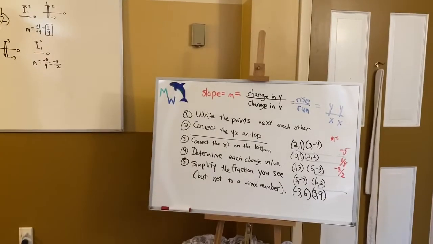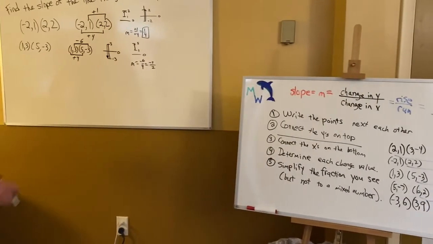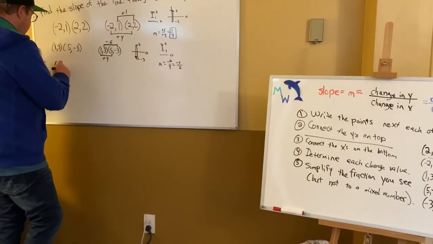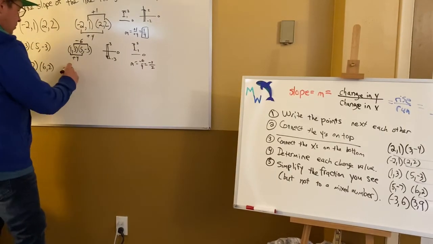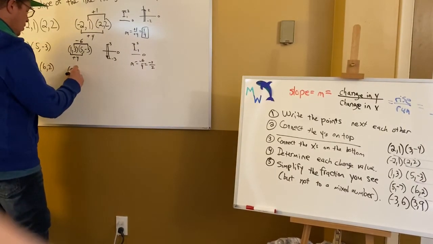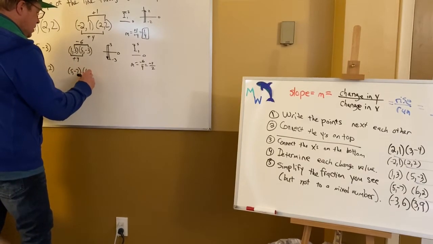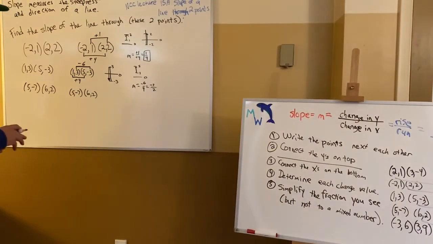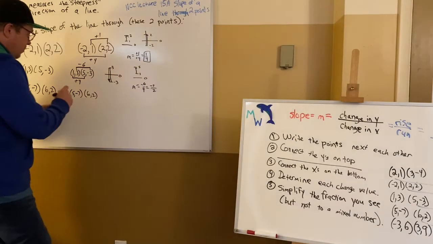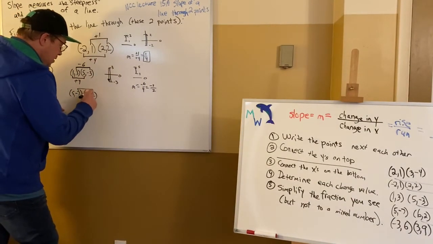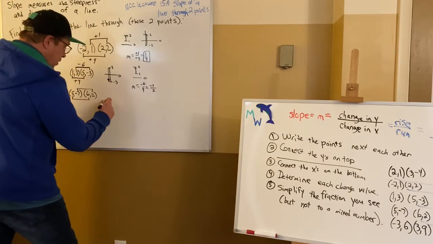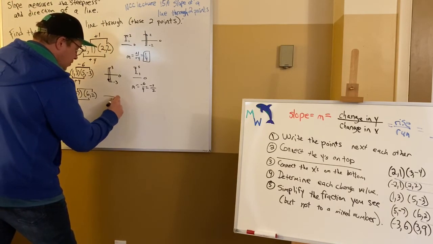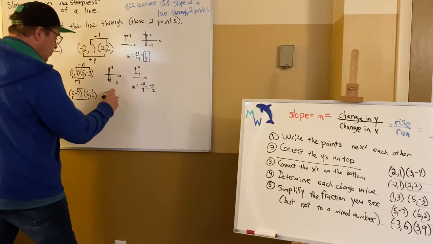The next one is (5, -7) and (6, 2). So I have my points next to each other and ready to be worked on. (5, -7) and (6, 2). And so we go from -7 to 2, and on the bottom 5 to 6. So we put our -7 down here, 0 is above it, and I've got to go even further up to get to my 2.